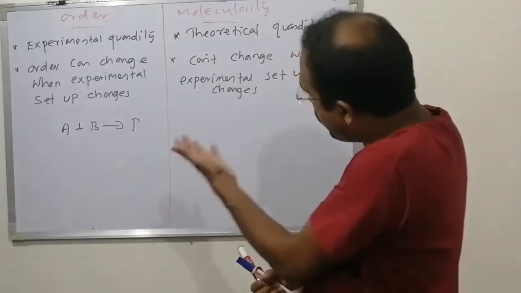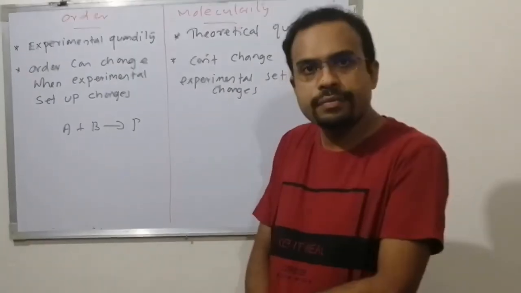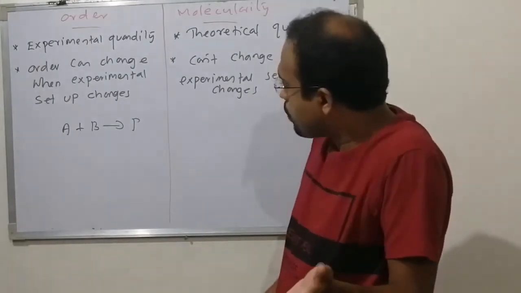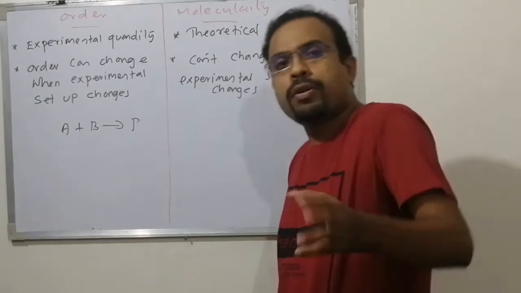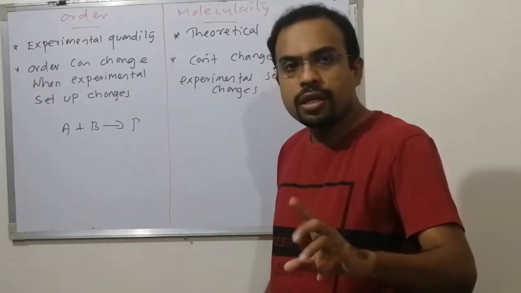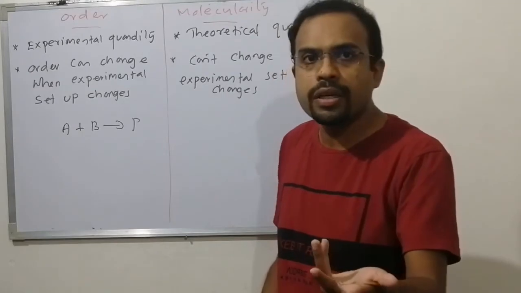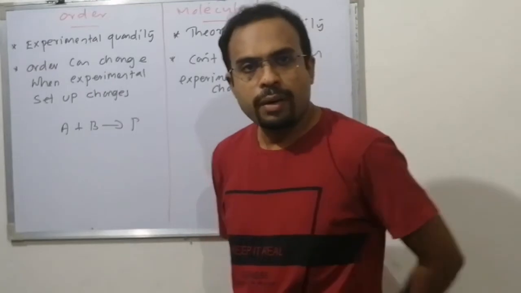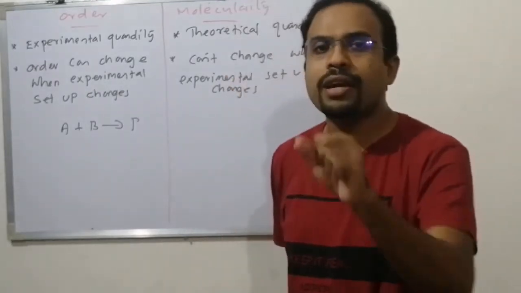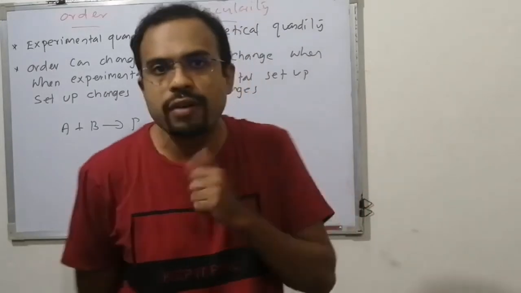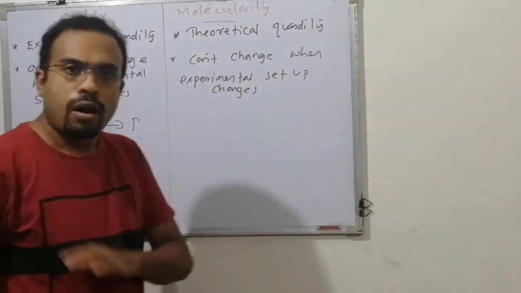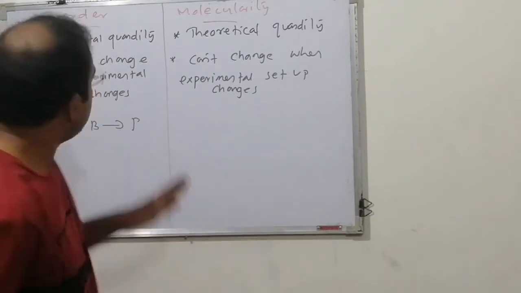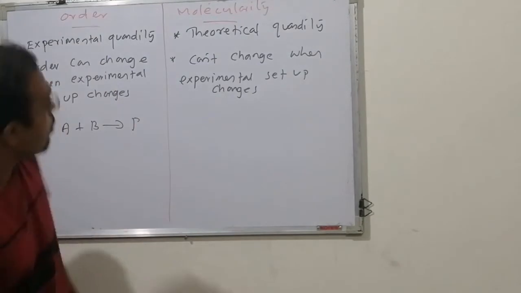You cannot understand it simply by looking. Whether the rate depends upon the number of molecules of A or B is only understood when you do the experiment. That is why we say that order is an experimental quantity. But in the case of molecularity, you don't need that. If you know the balancing of a chemical equation, after balancing you will get the molecularity.